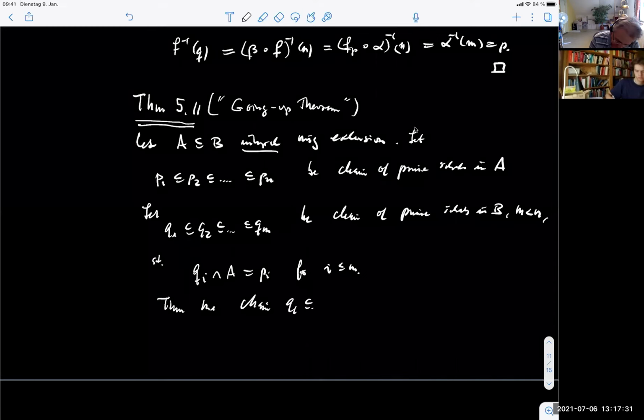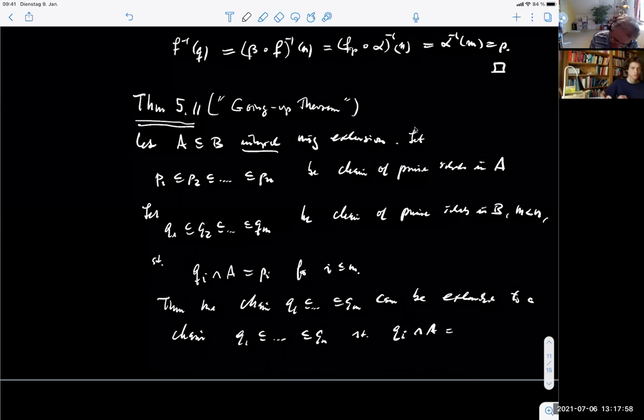So this is the chain up to m, can be extended to a chain of length n, such that, okay, for all i, this holds. Maybe let's put it in orange.